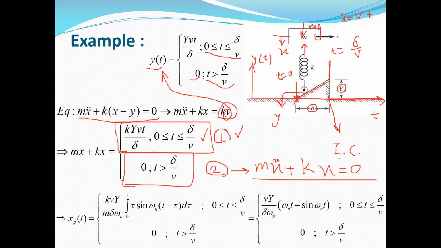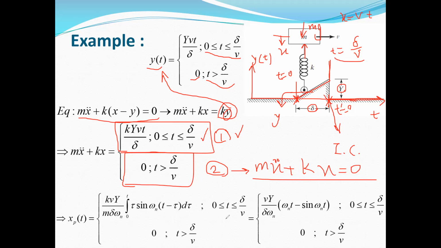So once you want to solve the second equation, you can consider another origin for your time, for example t prime, and you can assume when t prime is equal to 0, t is equal to delta divided by v, and you can use the response of the first equation to obtain the initial conditions for the second equation, which is a homogeneous equation, and you can solve it. But here we only want to discuss the response for part one using the convolution integral method.